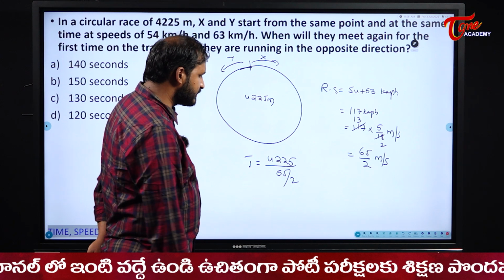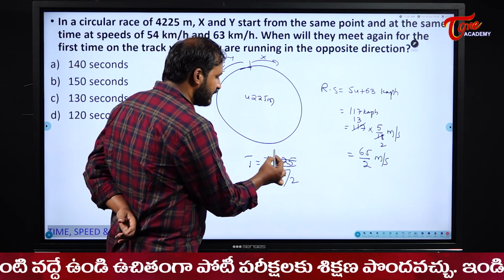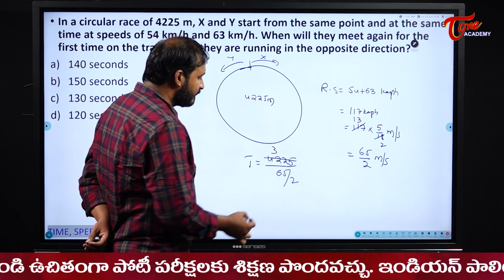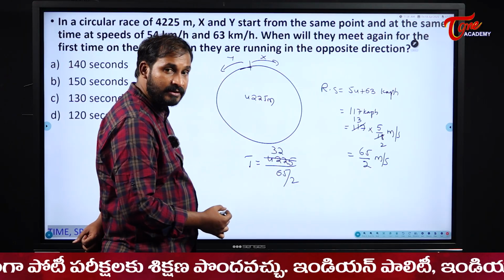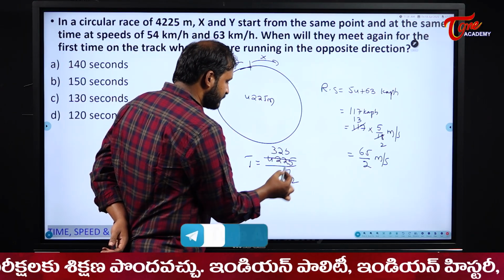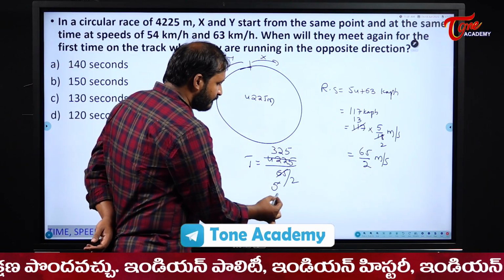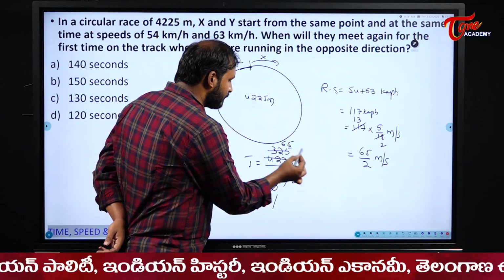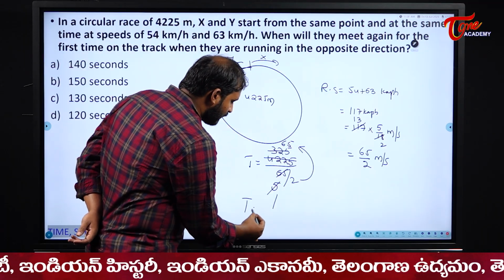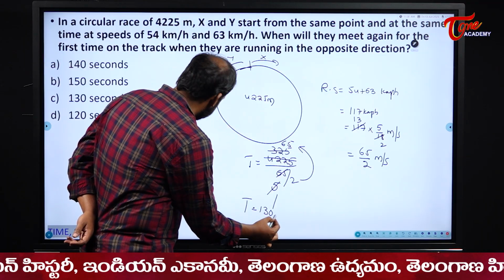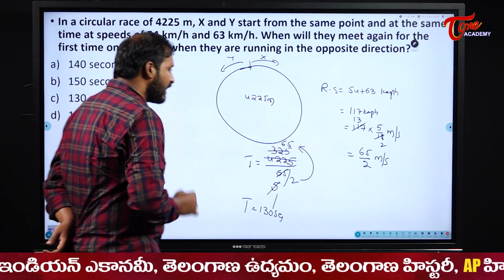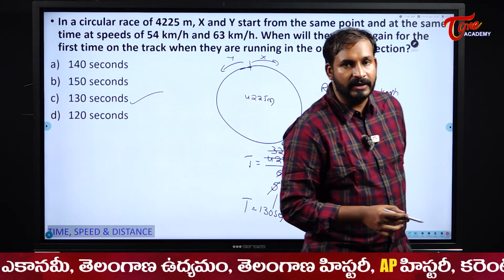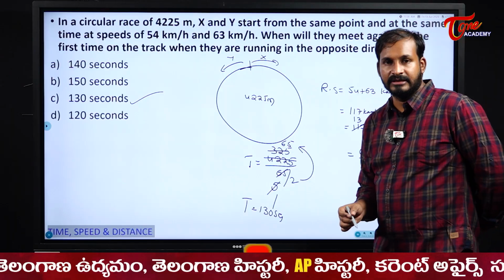In what table can I cancel? In 13 table I will cancel here. 13 threes are 39, I will be left with 3. 13 twos are 26. 65 means 13 fives are 65, so I will be left with 5. So this 2 will come to the numerator. So time will become what from here? 130 seconds. That means after 130 seconds, the two persons are going to meet each other.